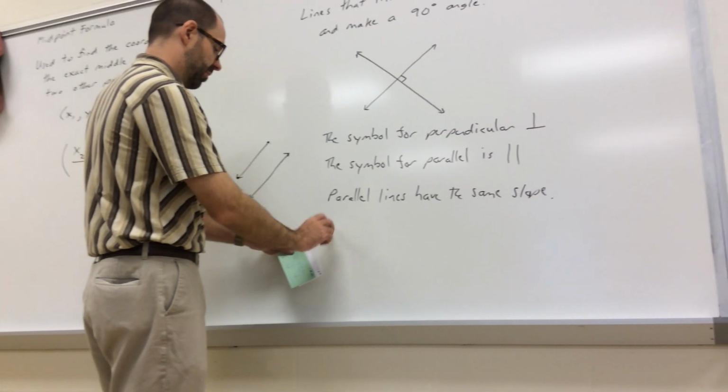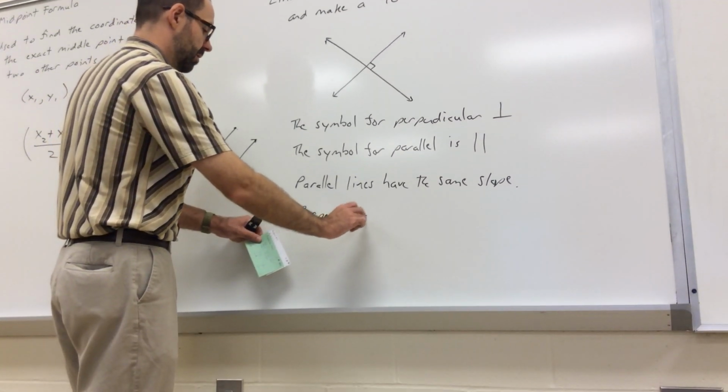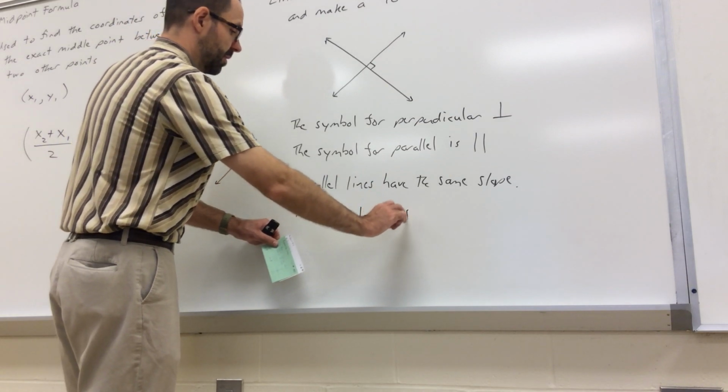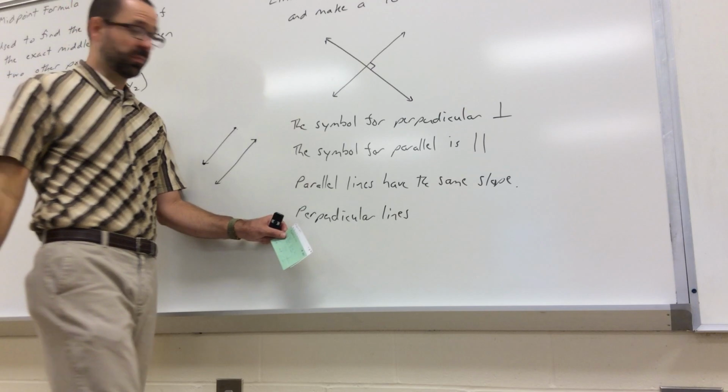And then we're going to contrast that with perpendicular lines. Perpendicular lines have opposite reciprocal slope.